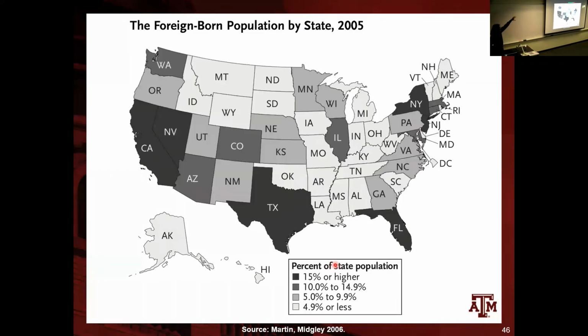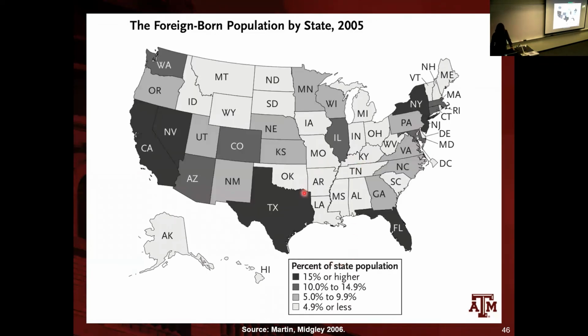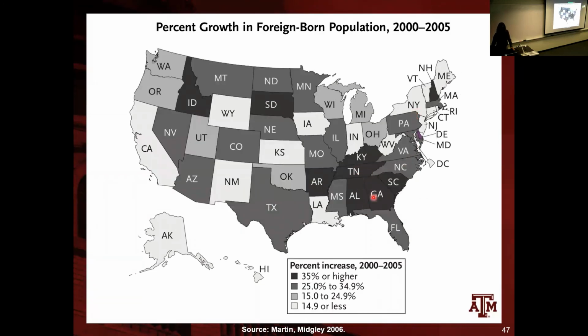Here is the stock of the foreign born population in 2005. Here is the increase, the percentage growth in the foreign born population between 2000 and 2005, to show that although in terms of percentage these states have fewer foreign born population than Texas, Florida, or New York State, for example, they have been experiencing a really high percent growth of foreign born population in 10 years, right?